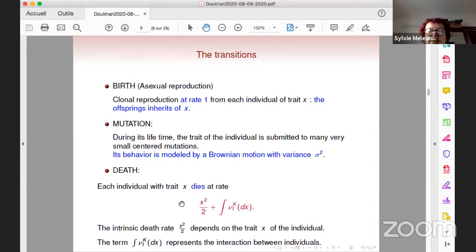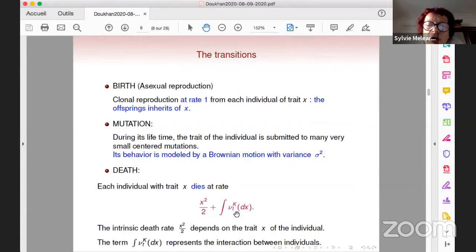And so in the death rate, you have a first term x squared over 2, which is the intrinsic death rate, and which depends, as you see, on the phenotypic trait, on the individual trait. And you have this term, which will give non-linearity in the problem, so it's an interaction term, but which is mean field here.